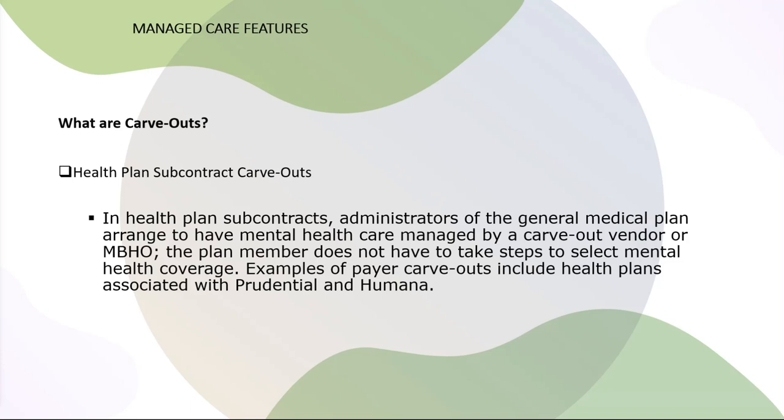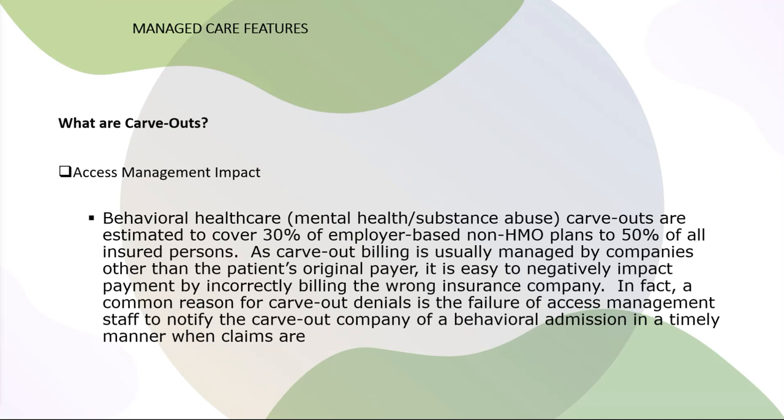In health plan subcontracts, administrators of the general medical plan arrange to have mental health care managed by a carve-out vendor, or MBHO. The plan member does not have to take steps to select the mental health care coverage. Examples of health plan subcontract carve-outs include health plans associated with Prudential and Humana.